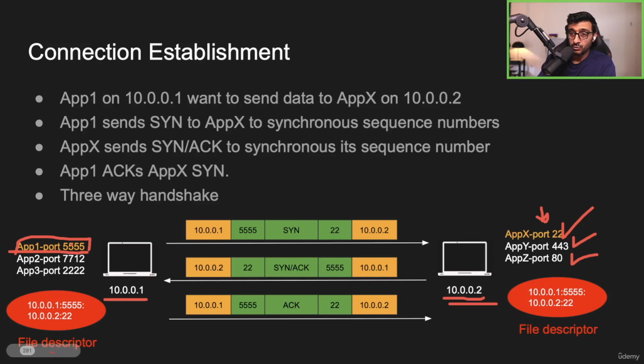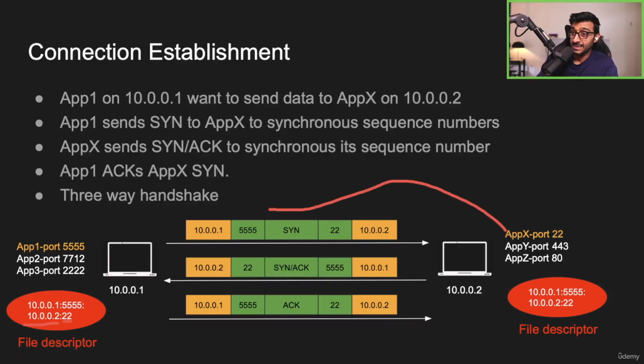So what we do is we generate a local port, which is 5555 in this particular case. We have 10.0.0.1 as the source IP and 5555 as the source port, and the destination becomes 10.0.0.2, and the destination port is 22. So we're connecting these guys together, right?